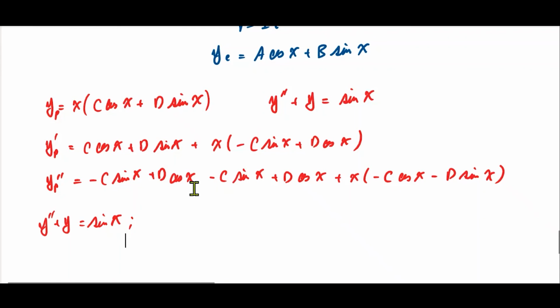Did I screw up, or there's this cosine? No, I didn't screw up, right? So minus 2c sine of x. Good. This one and this one. And then plus 2d cosine of x. Okay?